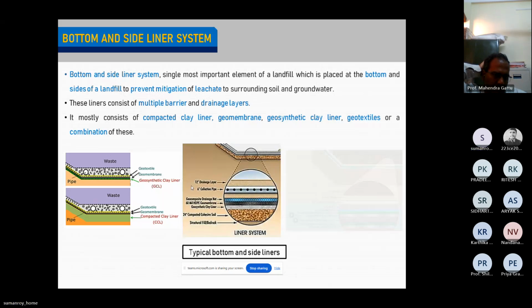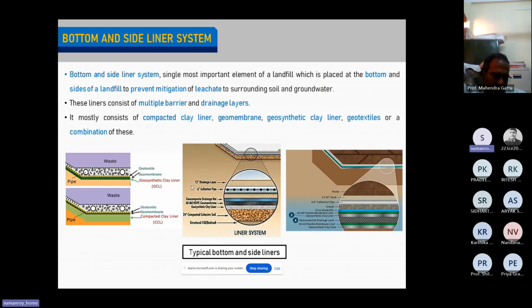These are two other types of arrangements, and there may be multiple arrangements. You can have a collection pipe at the top, and an additional drainage layer at the top. So these kinds of collection systems are there. The collection pipe is meant to collect the leachate, and the additional drainage layer may prevent the first percolation of the leachate when it comes from the waste.